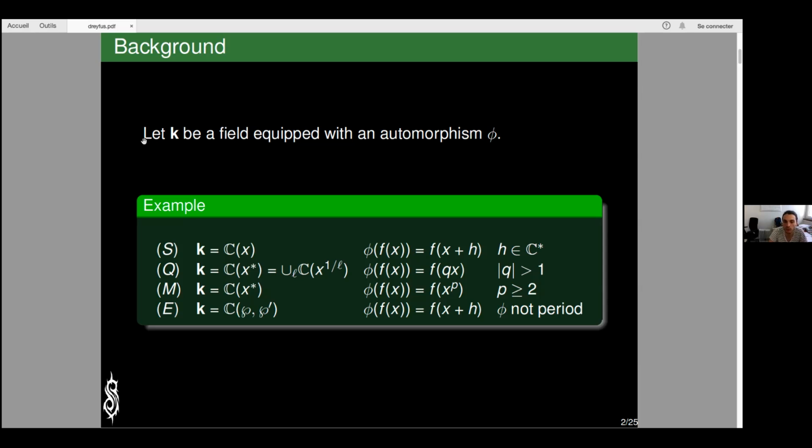And again, you want phi to be not periodic, so it means that h is not a torsion point of the curve. Difference equations of this form can be found in various contexts. For instance, when you want to study the nature of generating series of walks in the quarter plane or three-quarter plane, you find, depending on the situation, equations of type Q or E.